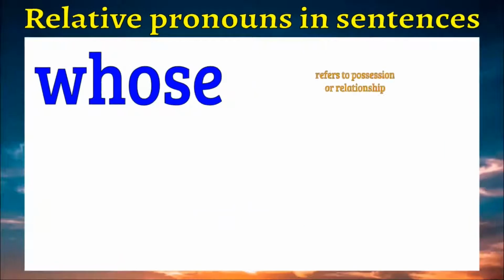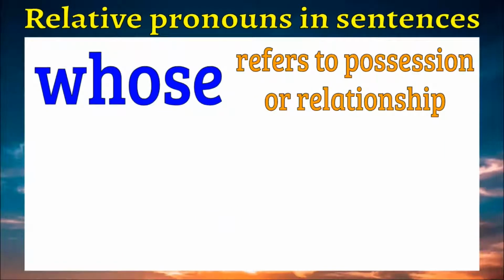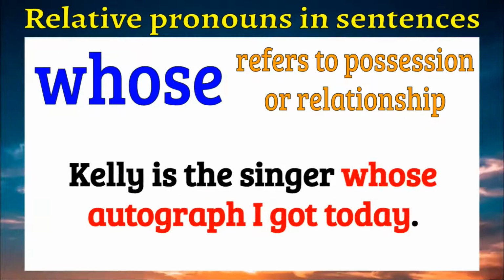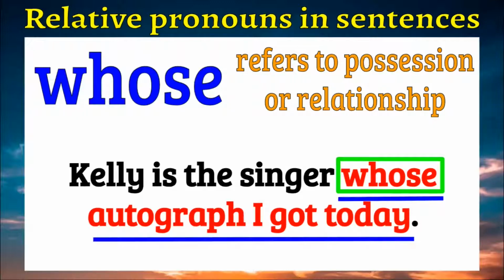Whose. It refers to possession or relationship. For example, Kelly is the singer whose autograph I got today. The relative pronoun is whose. The relative clause is whose autograph I got today. Whose refers to singer.